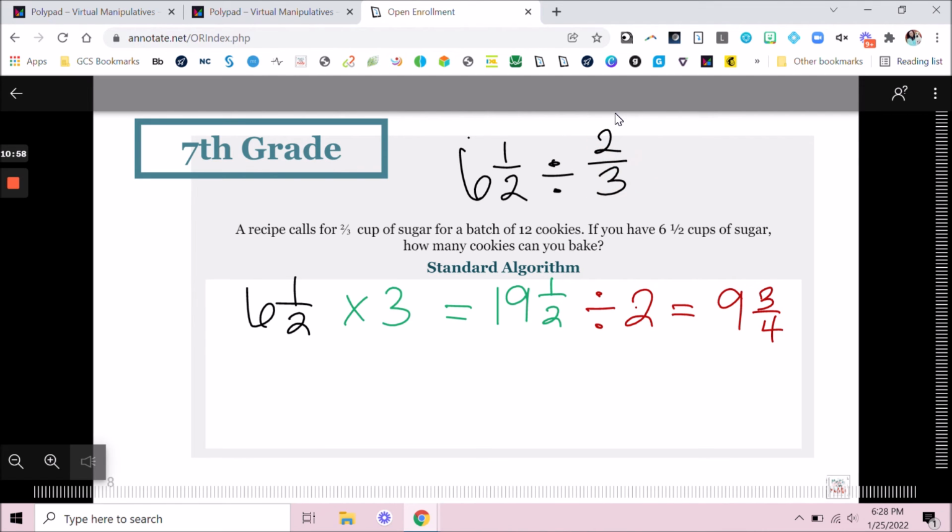So that is why keep the first fraction, so 6 1/2, change to multiplication. So we changed to multiplication, and so we multiplied by 3 and then divided by 2. So that is why keep, change, flip works and gives us 9 3/4.